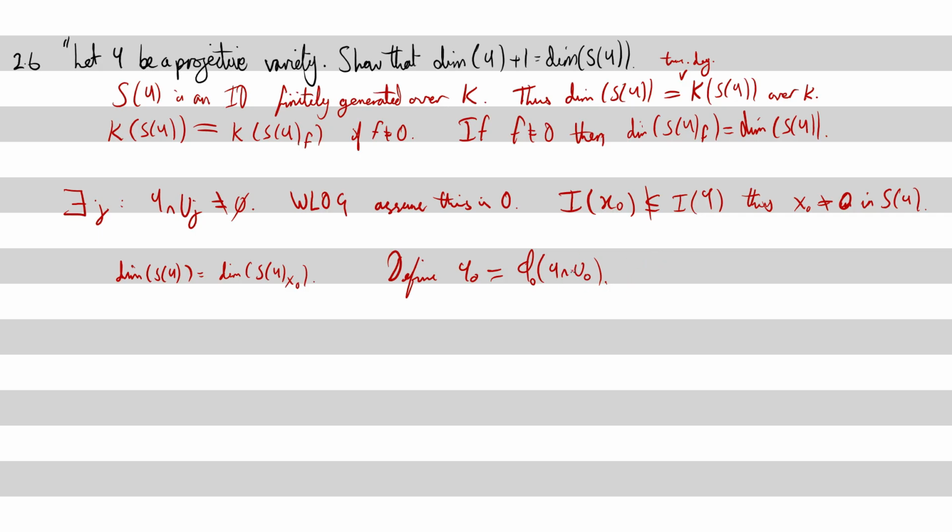This is homeomorphic on U0, so the dimension of Y0 is equal to the dimension of Y intersect U0. I'm using naught here because the coordinate functions look prettier when I define an explicit homeomorphism, explicit ring homomorphism.